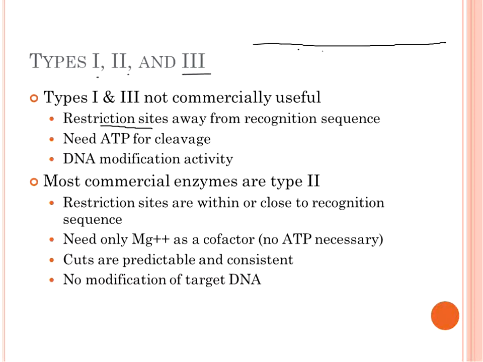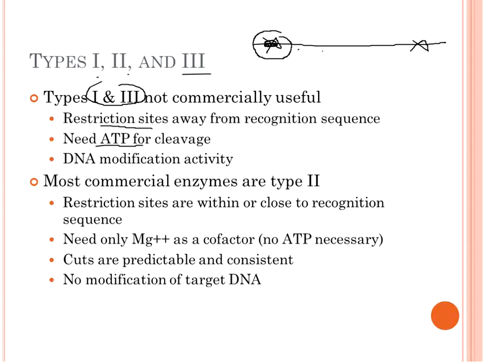It will recognize one part, it will attach itself over here, but it will cut over here. So that's not nice. You want your recognition sequence to be at the same place where the restriction site is, right? So the restriction site is away from the recognition sequence for these two types of restriction enzymes.